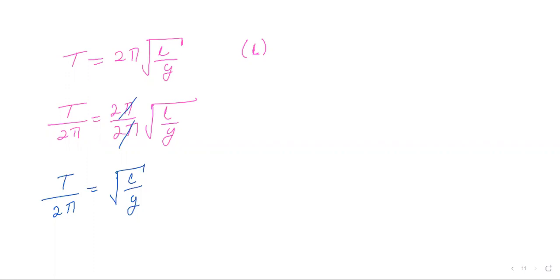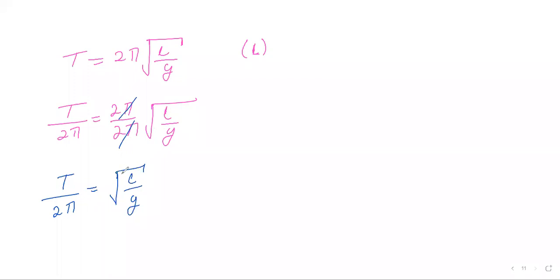So that means I need to get rid of the square root. Everybody see that? The first thing is, because the 2 pi is outside the square root, I get rid of the 2 pi first. Then the next thing is, because the L is inside the square root, I will take out the square root.